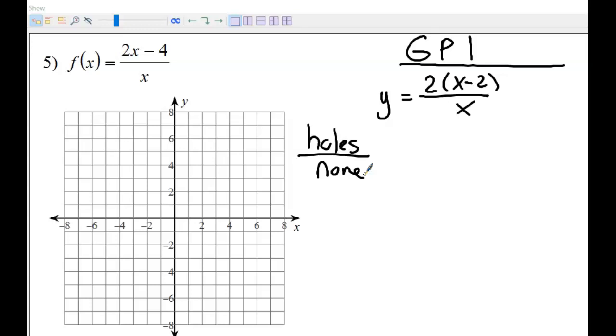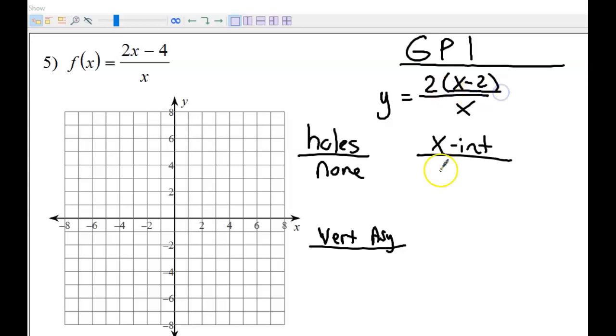If I wanted to find my x-intercept, what would I set equal to 0? Okay, why don't we all take a minute and think about it. So if you want to find your x-intercept, you set the top factors equal to 0.